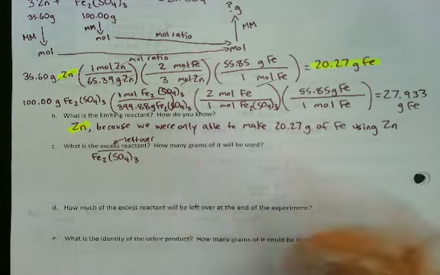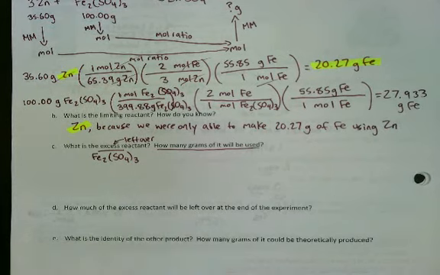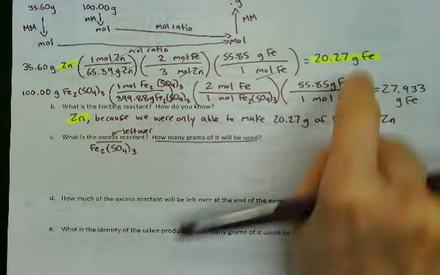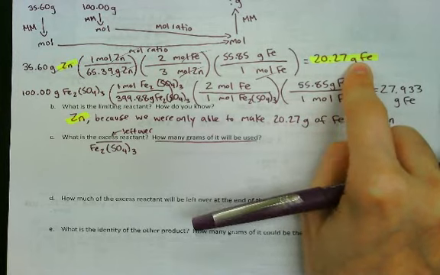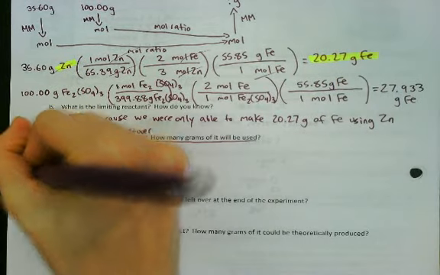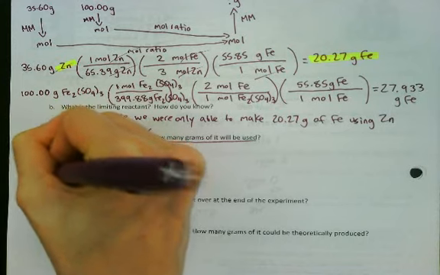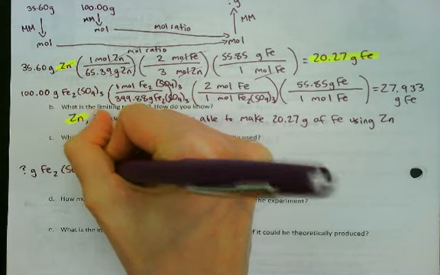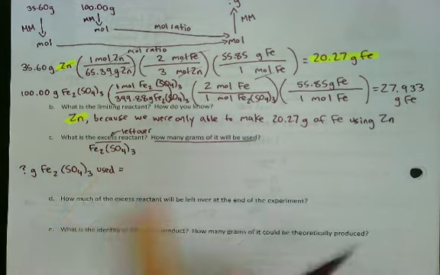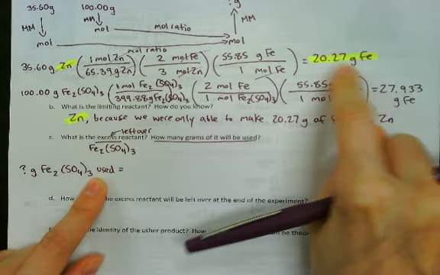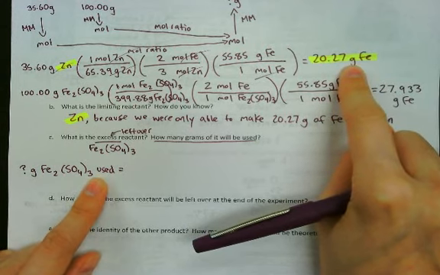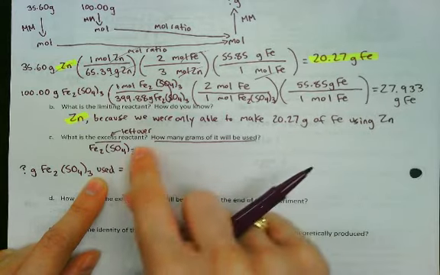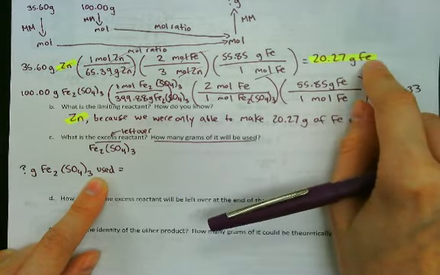And in order to figure out how many grams of it will be used, we're going to do a little bit of a reverse dimensional analysis from what we had over here, okay? So we want to know how many grams of iron 3 sulfate is used. We can do that by taking the product we made using our limiting reactant and starting that off in our problem as our given, okay?